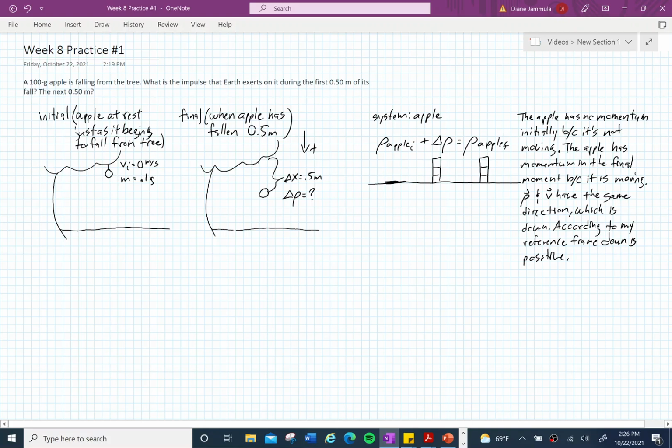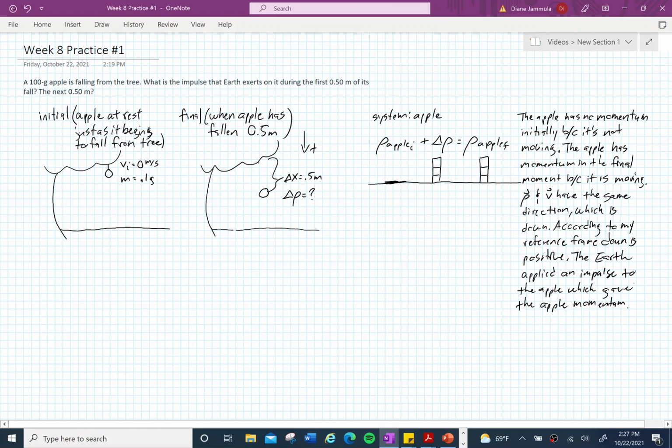Okay, what I can say is that the Earth applied an impulse to the apple, which gave the apple momentum.